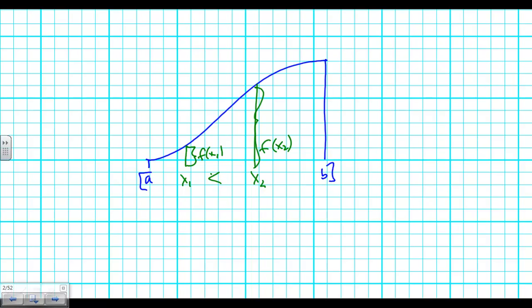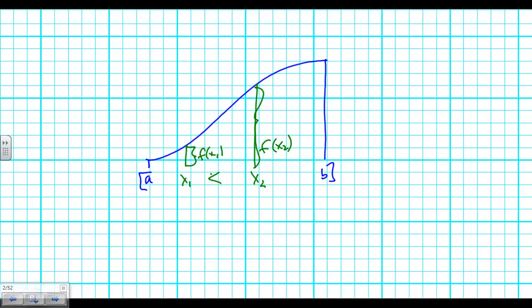This is our definition for a function increasing on an interval. It's got to get bigger further on. So far, so good?